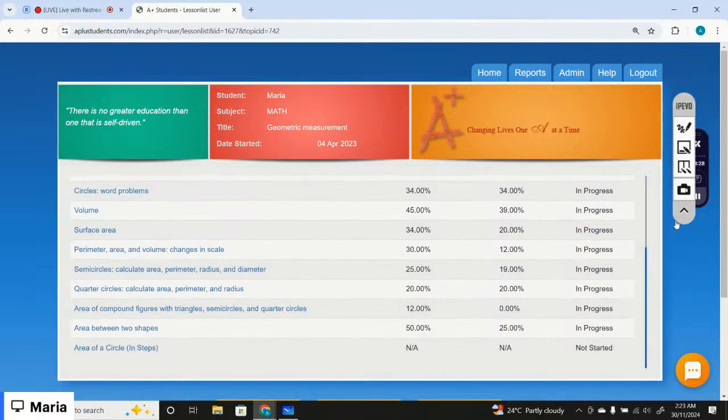The next lesson is area of compound figures with triangles, semicircles, and quarter circles.